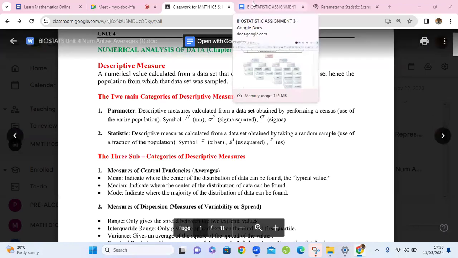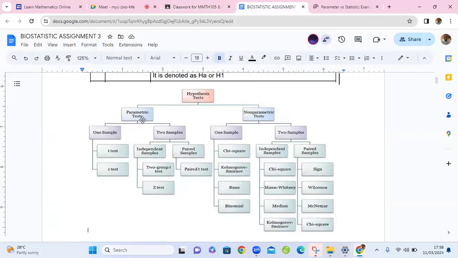So here, the parametric test deals with the mean, for example, the variance of the population, and the standard deviation. The non-parametric test does not involve these descriptive measures.